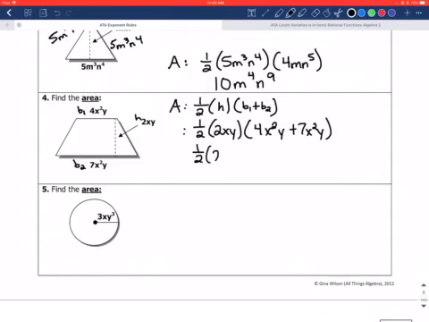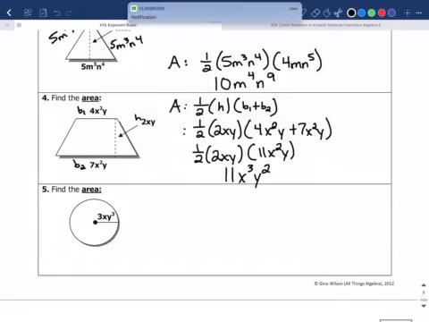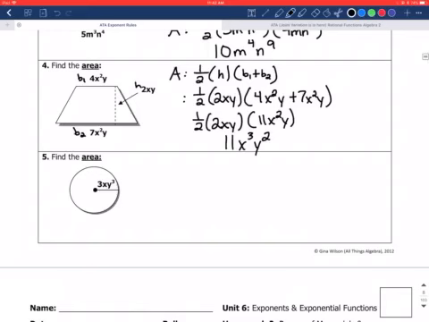So when we add those together first, that will give us 11 x squared y, because they have the same variable and the same coefficient, and the same exponent, so we can add them. And then we will multiply out. So the 1/2 and 2 cancel each other out, so we will have 11 x to the 3rd y squared when we are multiplying.